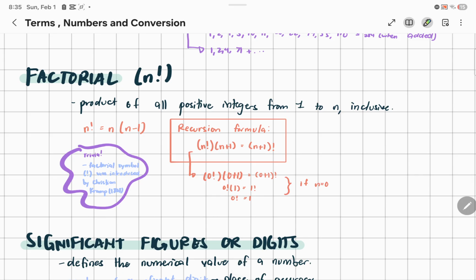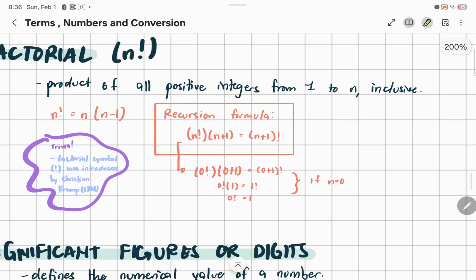Next, we have factorial and the factorial notation: the product of all positive integers from 1 to n inclusive. This is the recursion formula of n factorial. The general formula is n times the quantity n minus 1. If n is 0, you substitute 0 factorial, and 0 factorial is equal to 1.